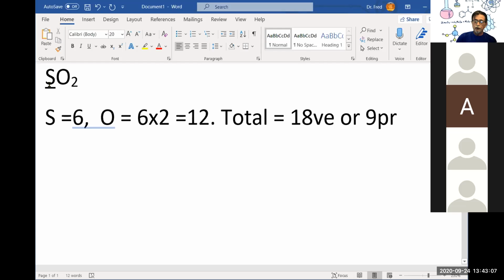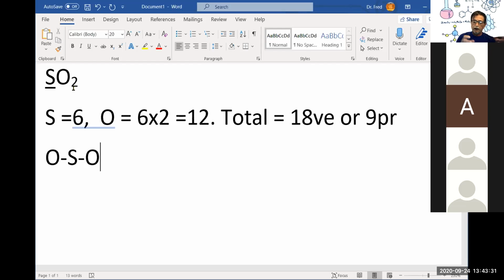All right, so sulfur is the central atom.